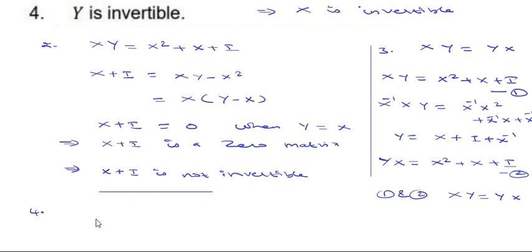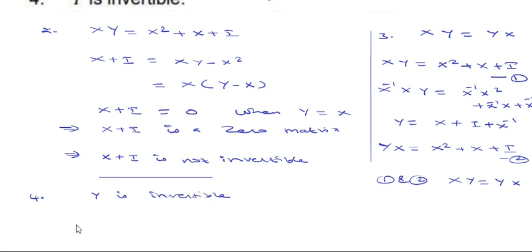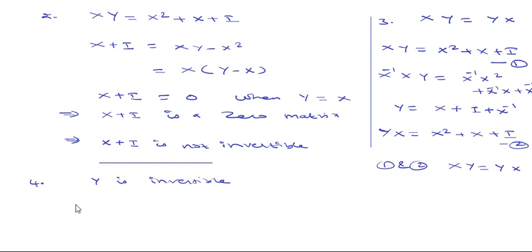So for option 4, y is invertible. Let us see what happens if y is a singular matrix, that is y is a 0 matrix. Suppose y equal to 0, so then we have x square plus x plus I equal to 0.